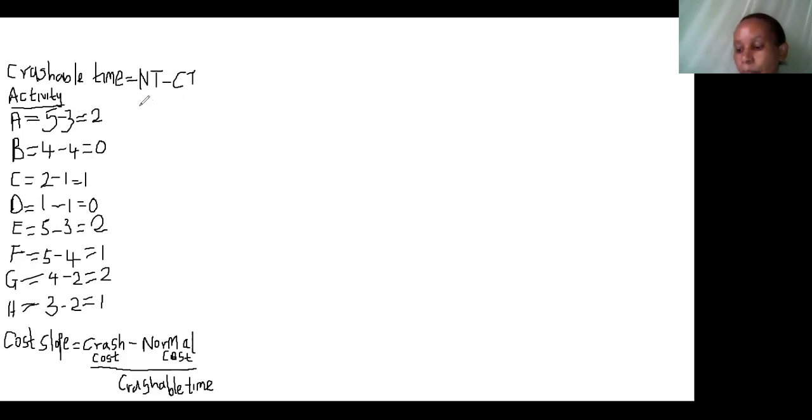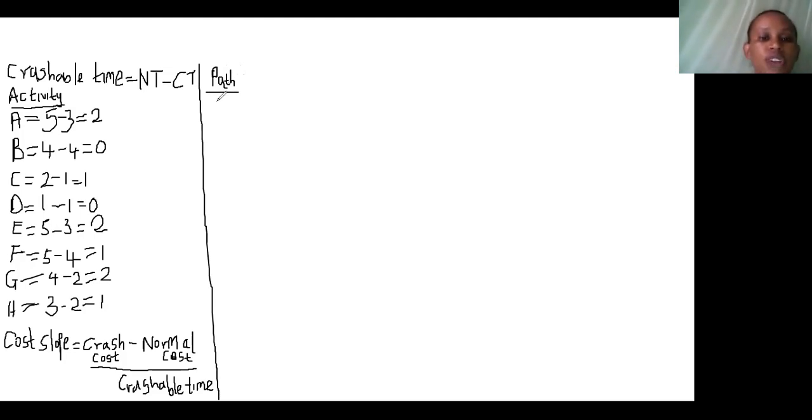Now, in our project, we had already identified the various paths, so our process of crushing now begins. I wish to do this in the form of a table. We'll have the path here, and as we write our paths, remember we do this in descending order, starting with the highest and going down to the smallest in terms of the duration of each path in the project.